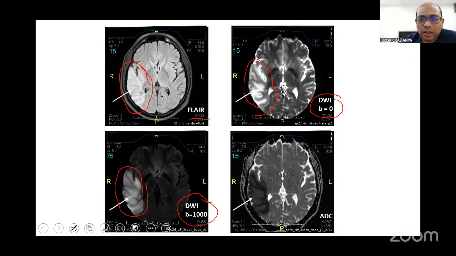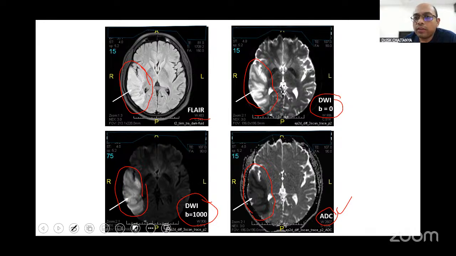This means there is an acute ischemia happening there. To quantify this, there is apparent diffusion coefficient imaging: areas showing diffusion restriction show black attenuation on ADC, and this can be quantified. This is the other imaging modality of use in acute stroke imaging.